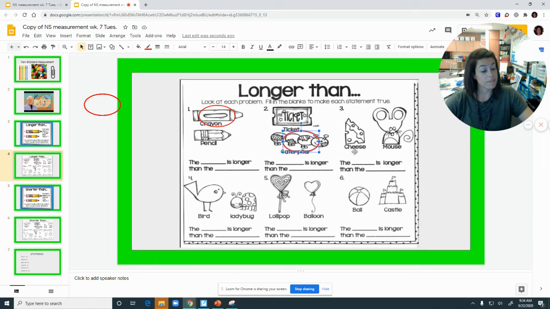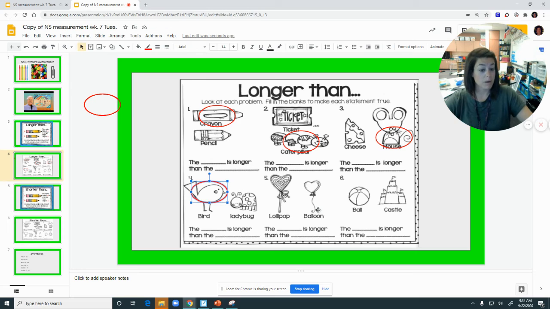We then have cheese and mouse. Well, who's longer? The mouse. So the mouse is longer than the cheese. We have a bird and a ladybug. Well, who's longer? The bird. So the bird is longer than the ladybug.